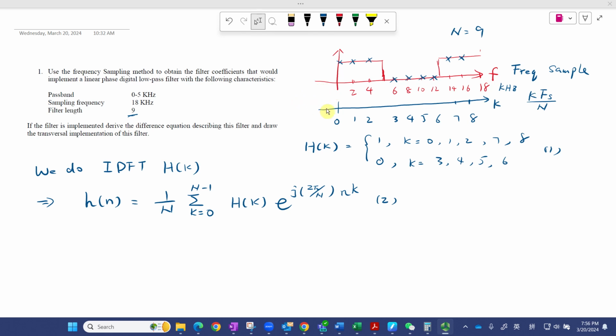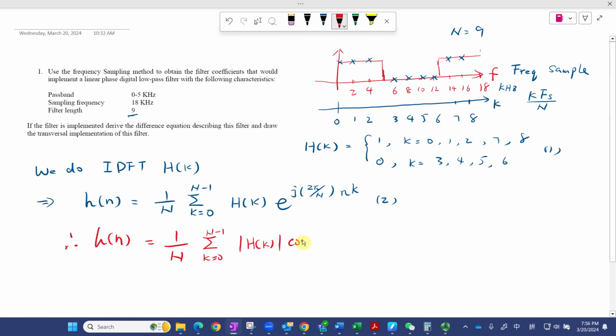In the final version, we're gonna start from here and go all the way to get this conclusion: h[n] equals 1 over N, the sum of k equal to 0 all the way to N minus 1, of the magnitude of H[k] times cosine of 2 pi k over capital N, times n minus (N minus 1) over 2.